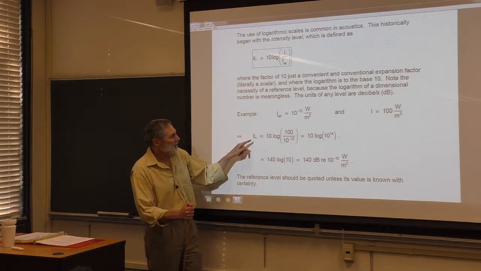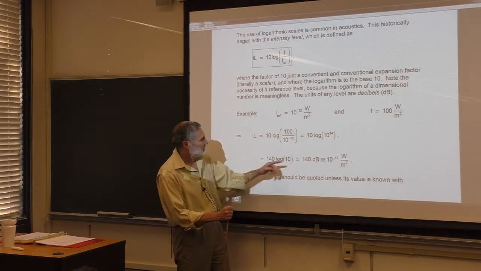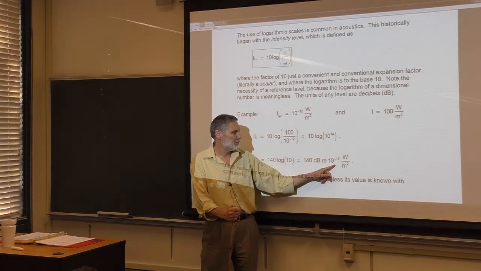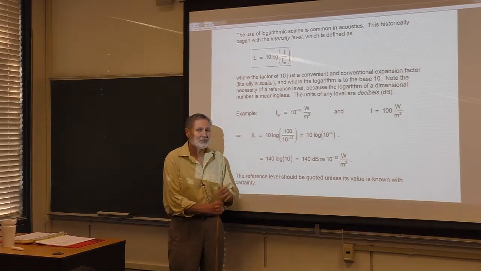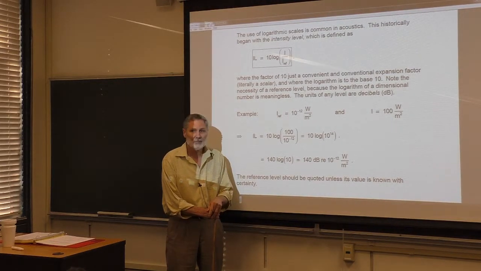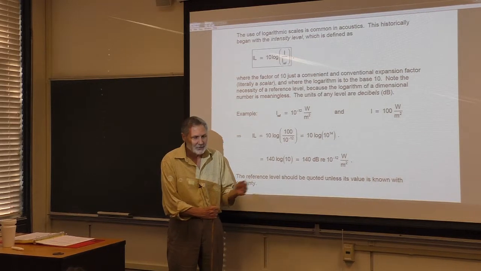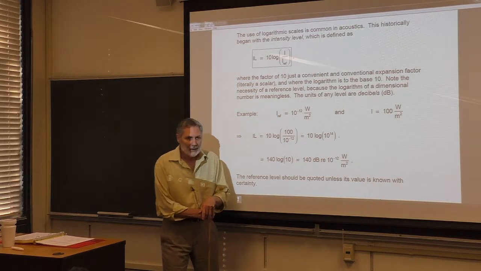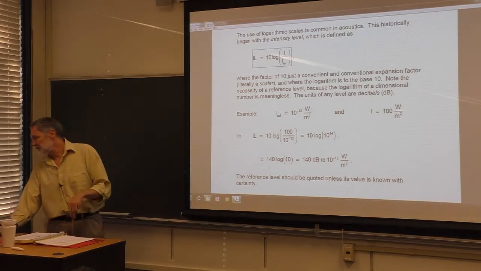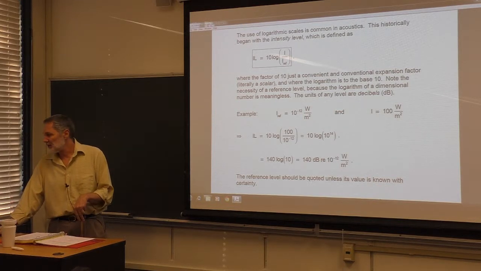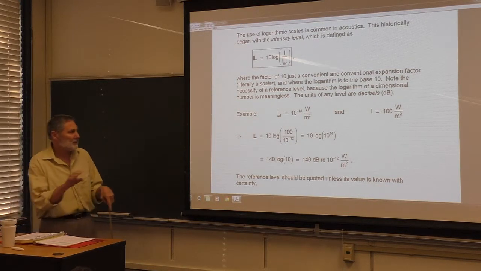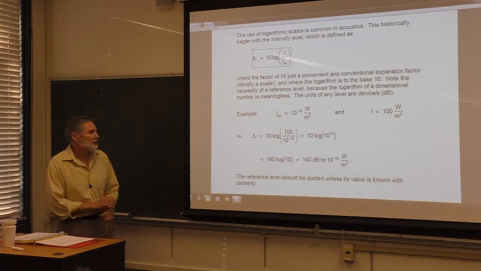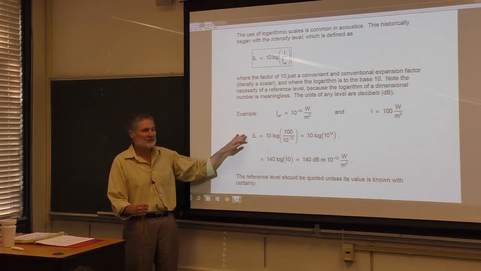The intensity level referenced to 10 to the minus 12 watts per square meter is not going to be exactly the same as the sound pressure level referenced to 20 micropascal, because it's closer to 20.4, right? So people just put up with this. All acousticians know. Often you can just not get involved in intensity level at all.